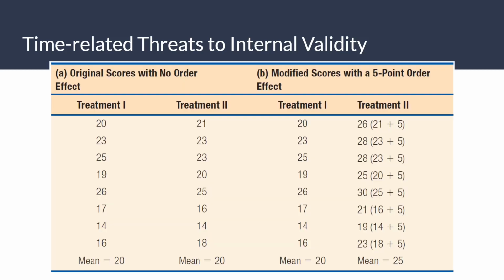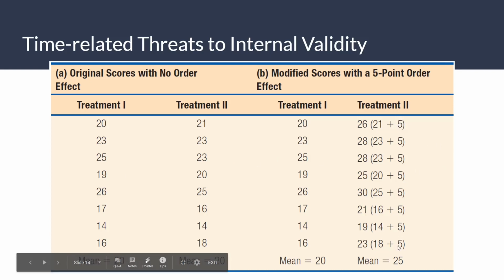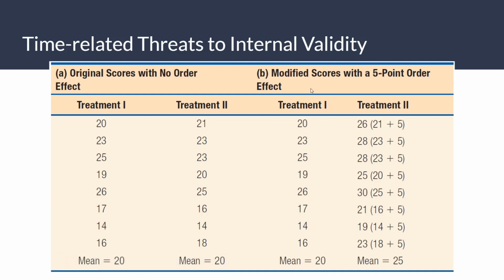Here's an example of the effects of order effect. On the left side, these are scores with no order effects. Ideally, there should be no carryover effects to the other condition. But if you look at the second condition in group B, look at this. In treatment 2, all of them got a +5 in their scores. Why? It's because in treatment 2, they can still remember what they learned from treatment 1.